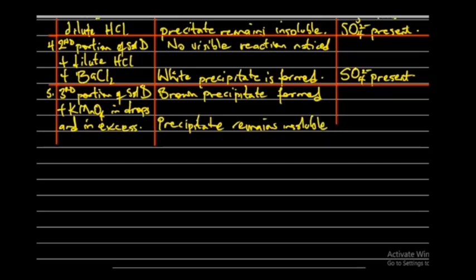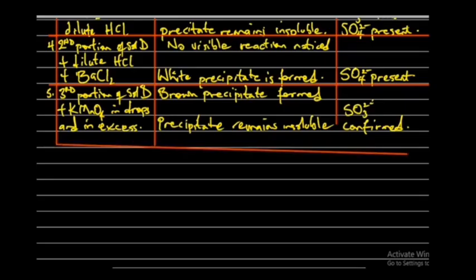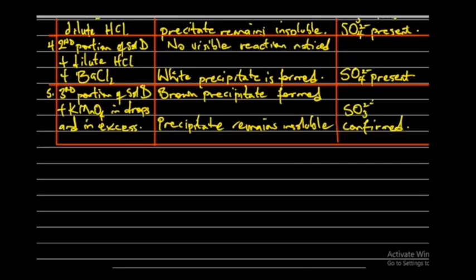So this gave us an idea that what we had there was SO3 2- confirmed. So these were the tests that we carried out using all of the samples that we were given by NECO. Please try as much as possible to go through them.